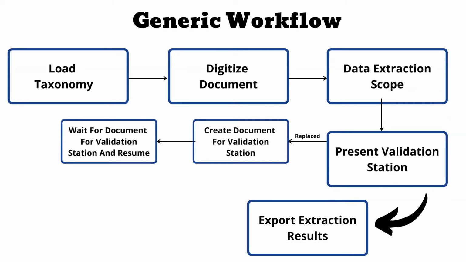The first step is loading the taxonomy. Don't worry if you don't understand any of these terms completely right now. I will be making videos on each of the steps and completely explain that steps in detail, which you can see in the playlist of this particular document understanding. So the first one is load taxonomy.